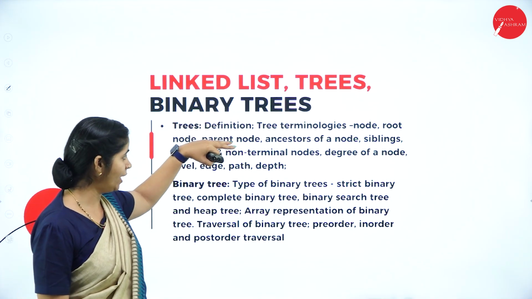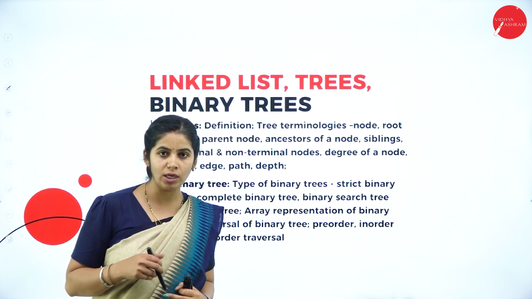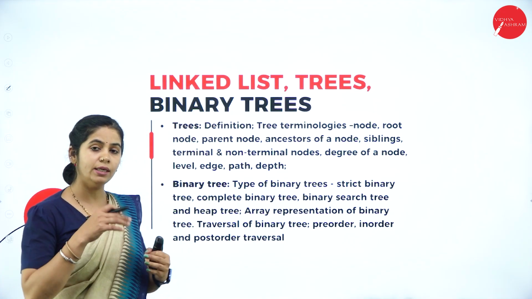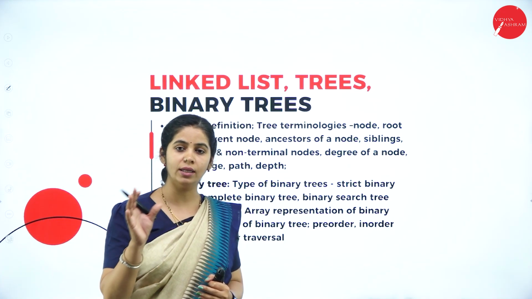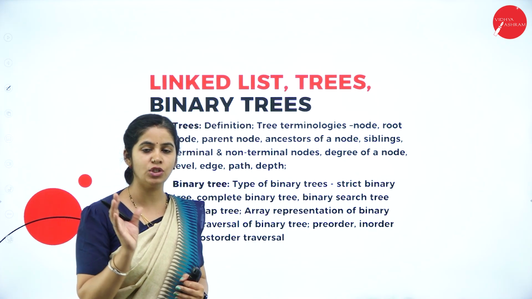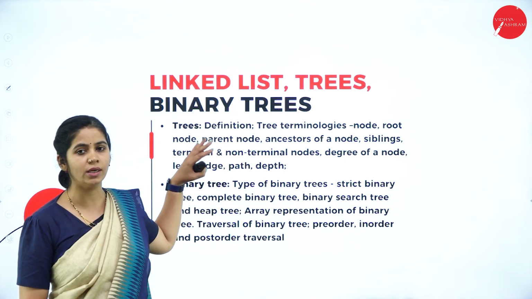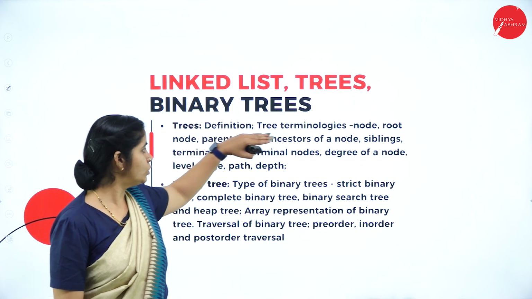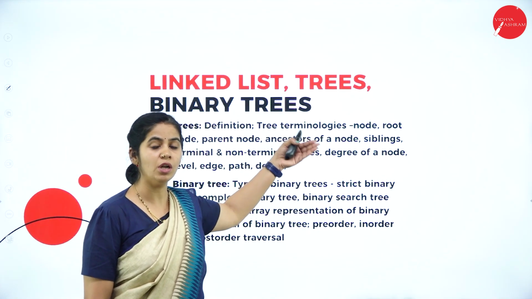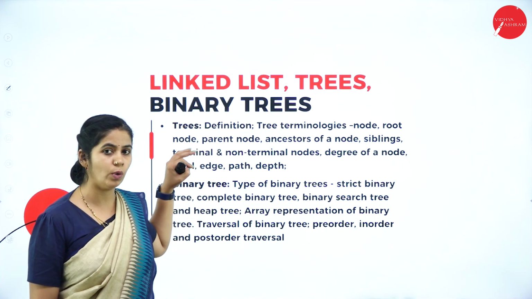Then what we have is one more type of data structure, that is tree. We are going to define tree. What all the terminologies that come in the tree. The terminologies that come with the other data structures like array, stack, queue, linked list are a little different from what we use in the tree. So they specify what terminologies we are using when we are dealing with the tree.